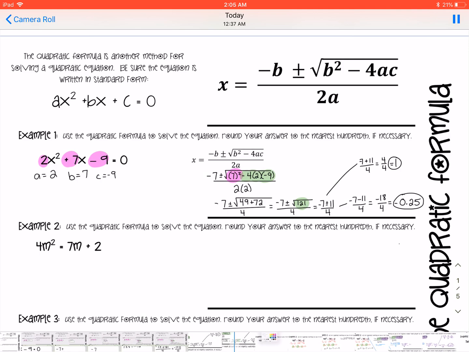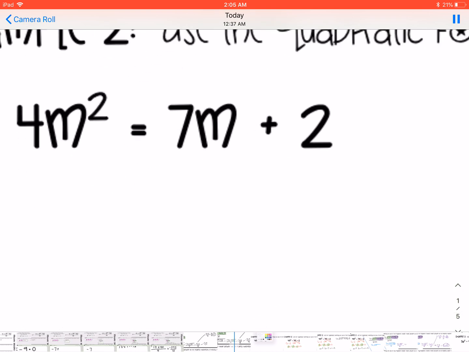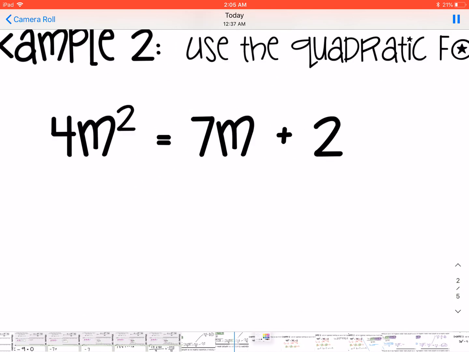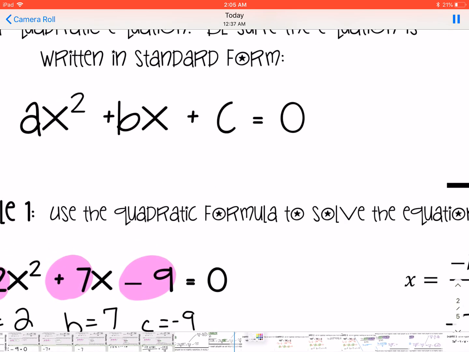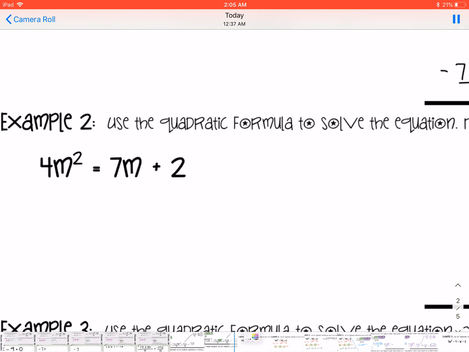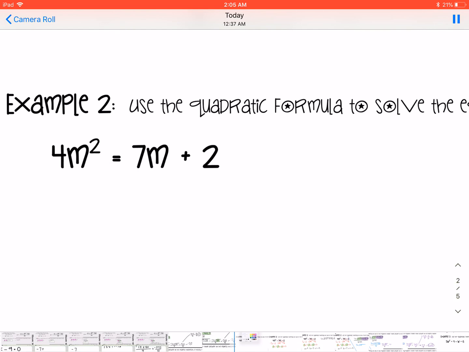We have 4m squared equals 7m plus 2. We have a little bit of a problem with this one because it's not set equal to 0. And if I zoom back out again, the quadratic formula works when we have ax squared plus bx plus c equals 0. We don't have that. So my first step is to get all of that on one side of the equation.